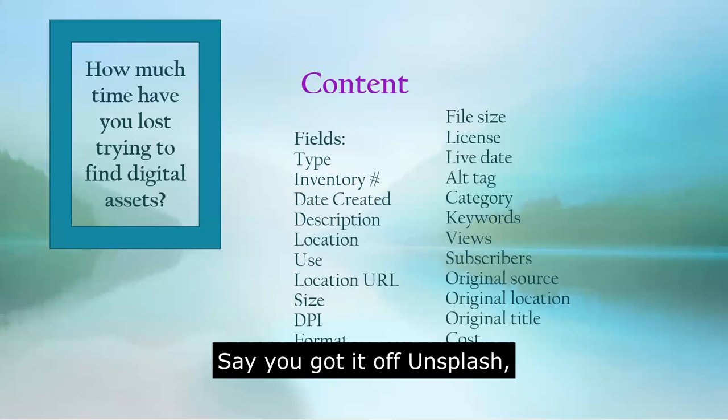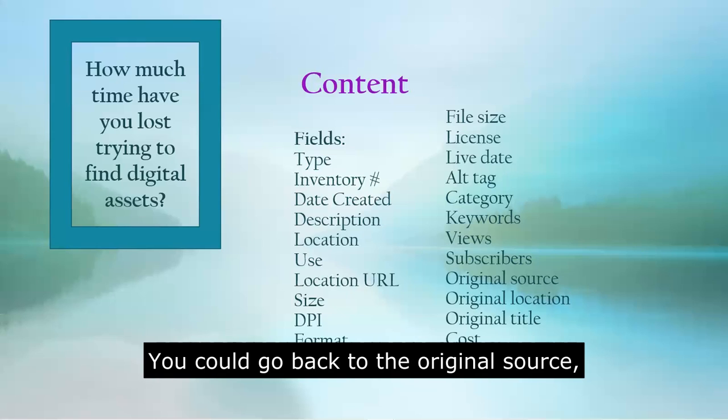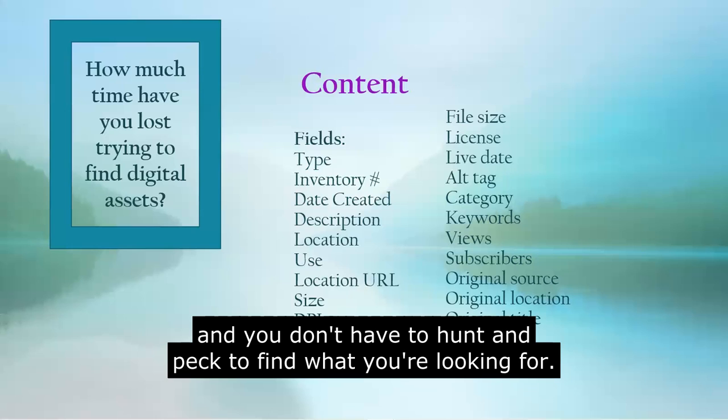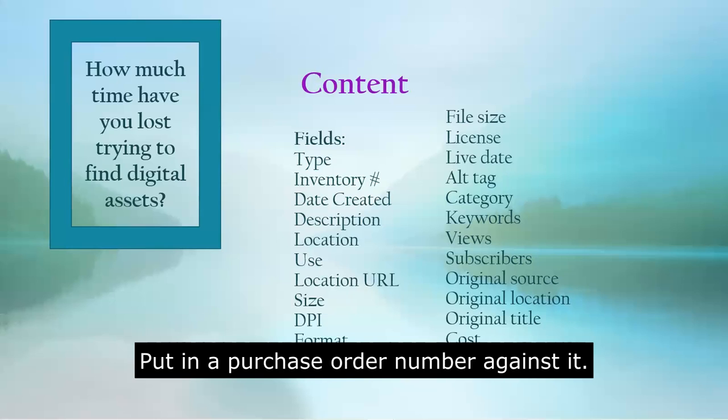Say you got it off Unsplash and you want a different version of it, you can go back to the original source and you don't have to hunt and peck to find what you're looking for. Also, it's a great way to track the cost that you're spending for your assets, and if you had to put in a purchase order number against it.